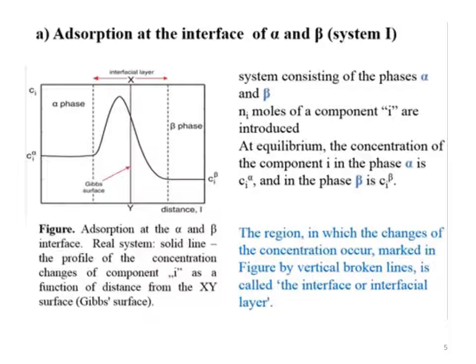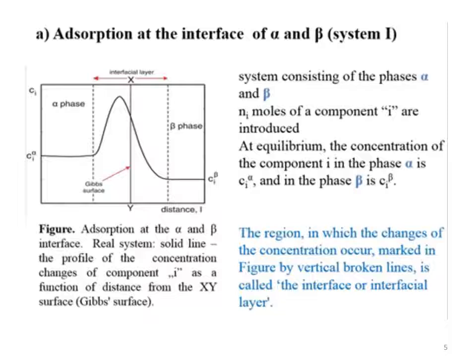If we talk about the beta phase, the concentration of component I in beta phase, Ci beta, we go from right to left in the figure. Ci beta remains constant until the dotted line of the interfacial layer.